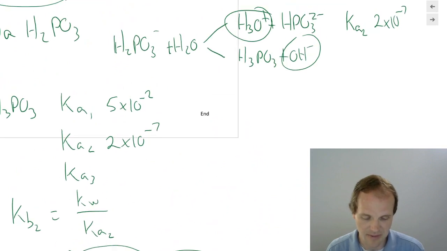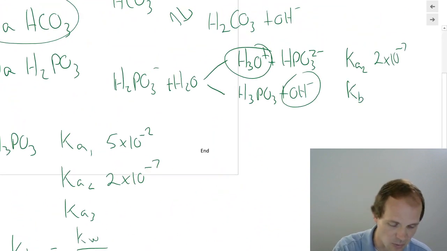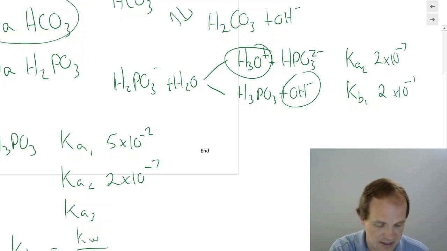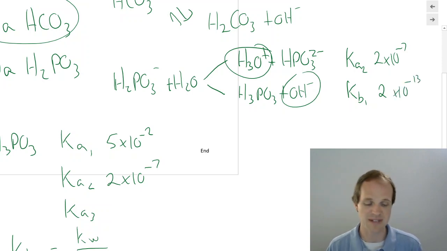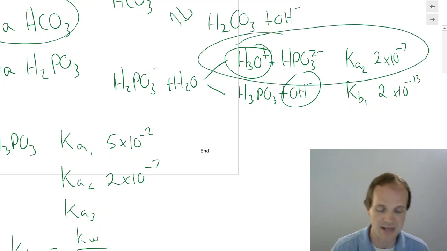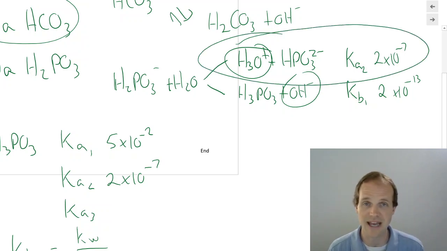I'm going to scroll way back over here and write Kb1 over here is 2 times 10 to the minus 13th. So we've got 2 times 10 to the minus 7th. We've got 2 times 10 to the minus 13th. Which one's going to dominate? The larger K. We've got one that's larger by 6 orders of magnitude. And so this reaction is going to dominate. Are both of them going to happen? Yes. But which one's going to dominate?